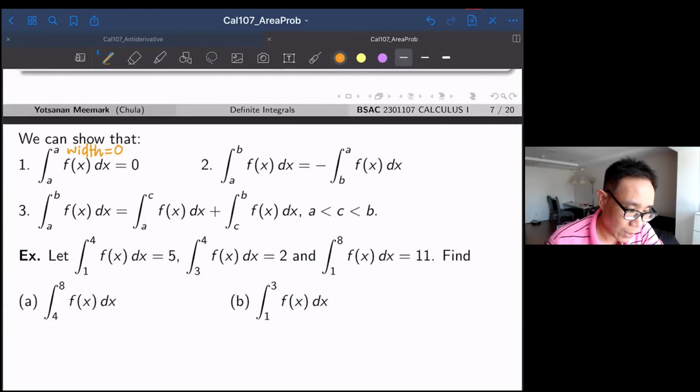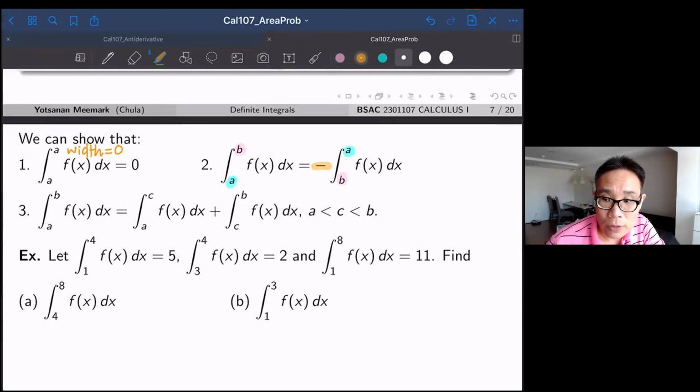So number one, the integral from a to a of f(x) dx equals 0 because the width is 0. And the integral from a to b of f(x) dx is equal to minus the integral from b to a. So if you switch the upper and lower limits, the sign changes.